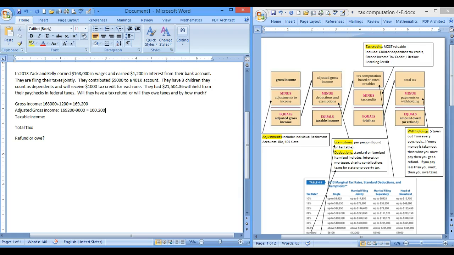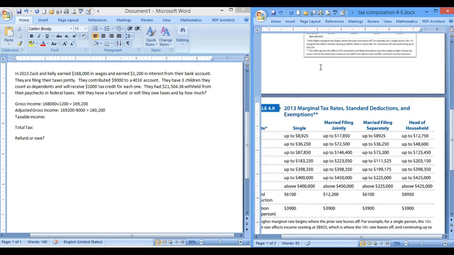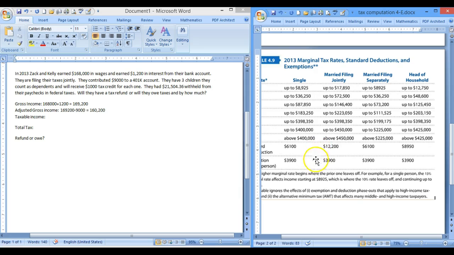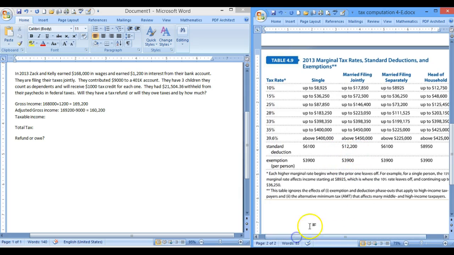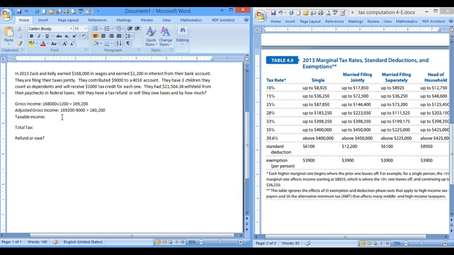From this, we need to subtract exemptions and deductions to find their taxable income. This is stating that per person you can have money that's not going to be taxed, plus your standard deduction. So we're going to take $160,200 and subtract a standard deduction and the exemptions per person.